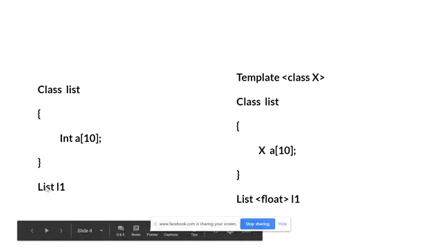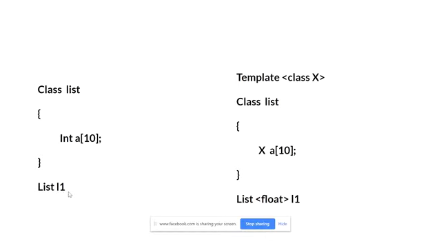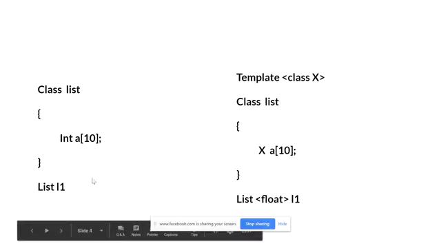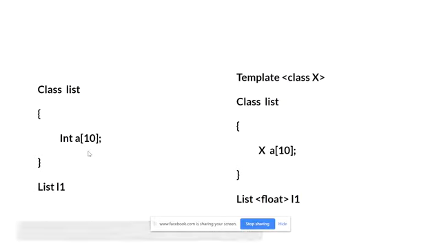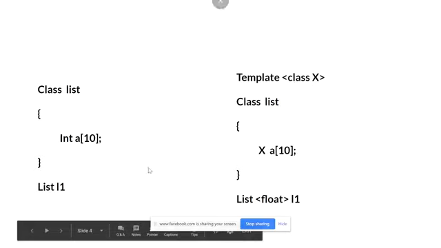Now, if I want to define an object of this class, I say list L1. When I run my code and pass integer values to this array, the code works fine. But what if my class needs float values to be passed? Since this array only accepts integer values, float values won't be taken, and our class and the whole code will fail here.